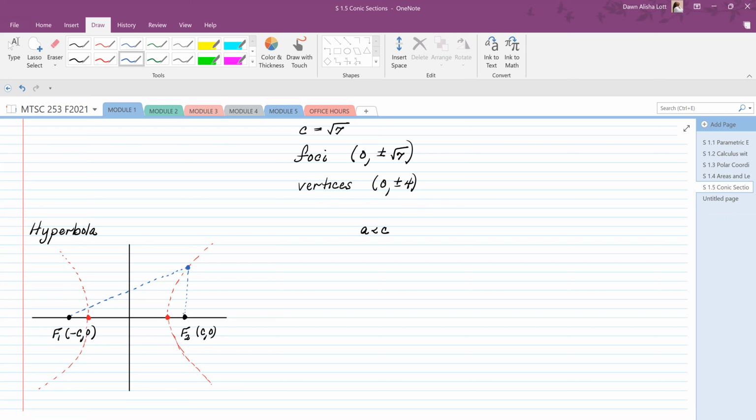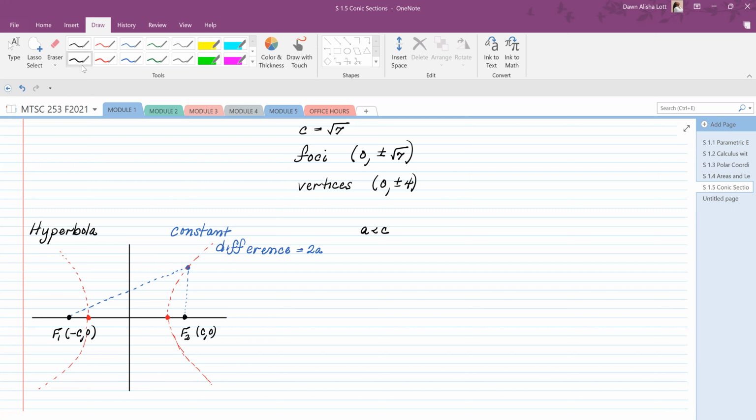Again, that distance is going to be 2 times A. All right, so if you take this one distance and you subtract the other distance, the constant difference needs to be 2A. The other one, the constant sum was 2A. I want the constant difference to equal 2A.